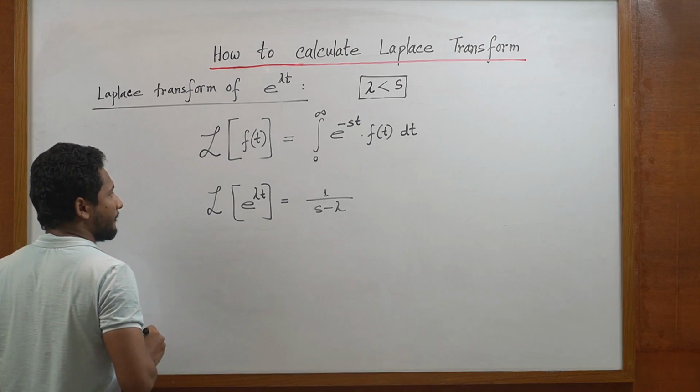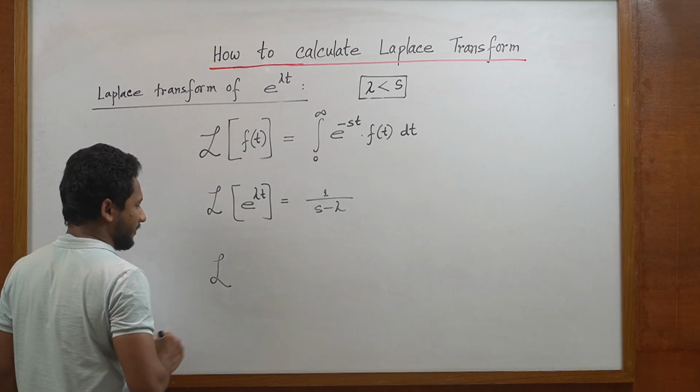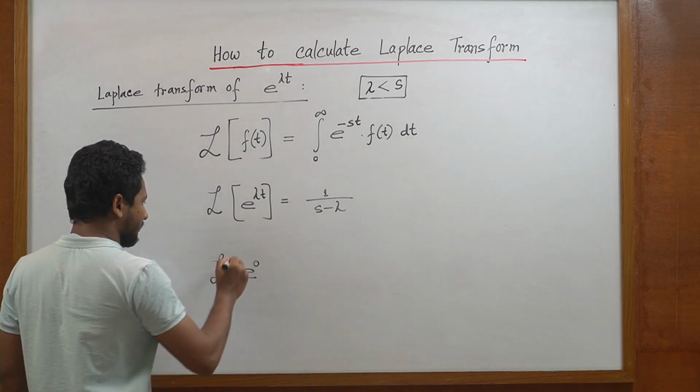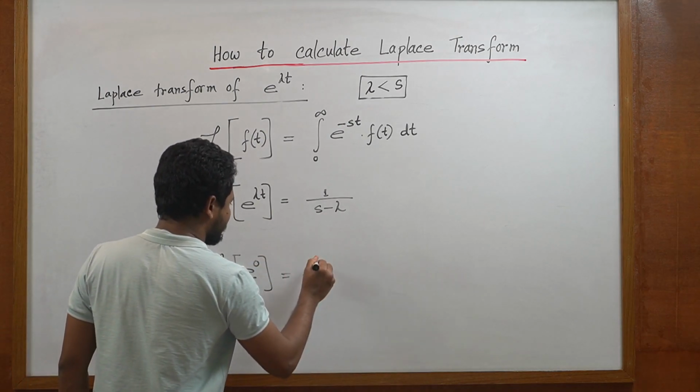Now the Laplace transform of e to the power 0, if lambda is 0, will be 1 by s.